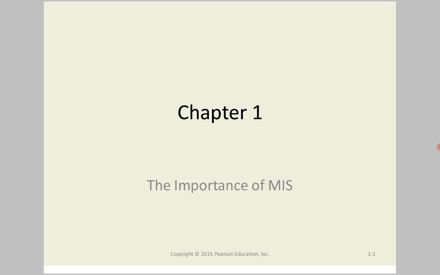Third is minimize information overload. MIS changes a larger amount of data into summarized form and thereby avoids confusion. Another important role of MIS is that it collects large amounts of data or information from various departments and sources, processes it, and generates different types of reports.